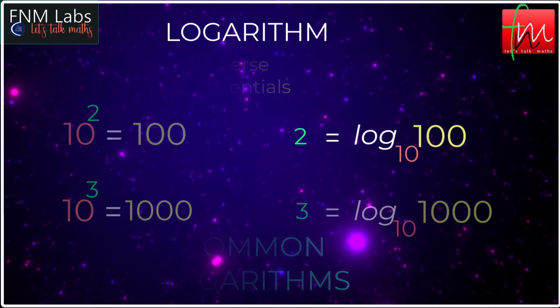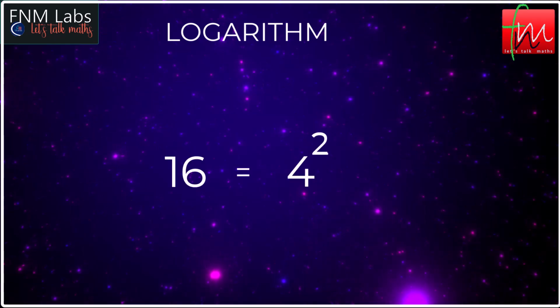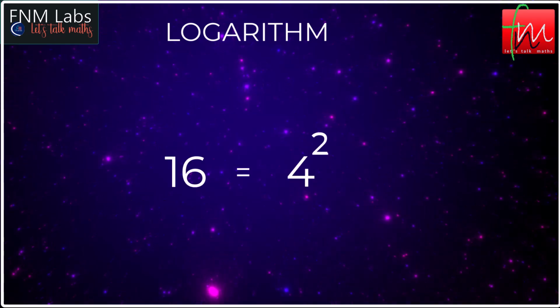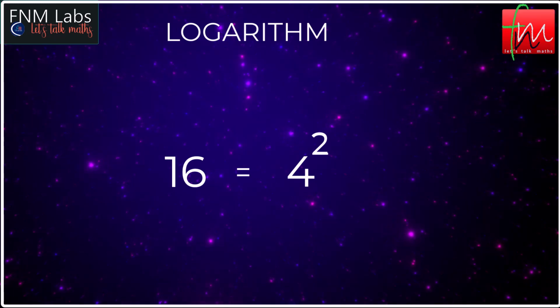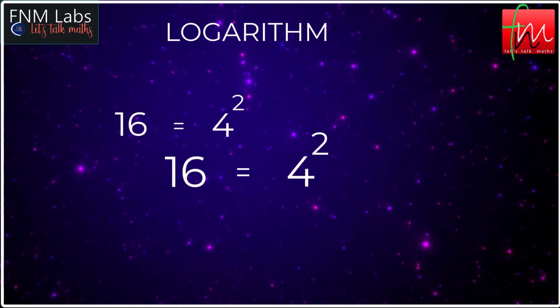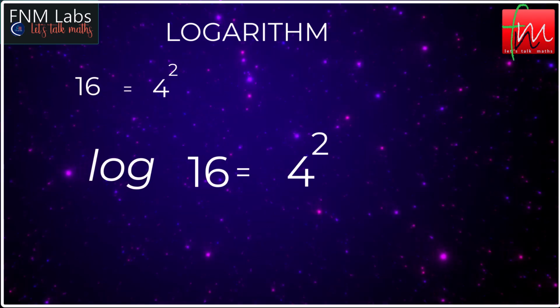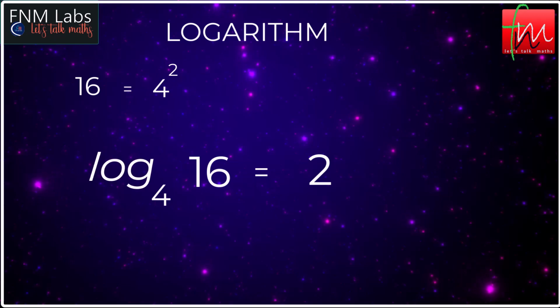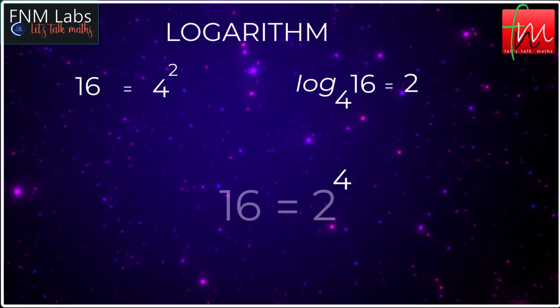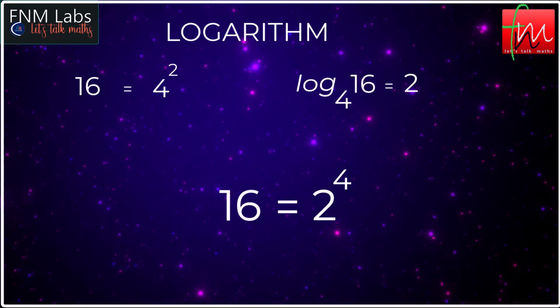In the same manner, 16 may be represented exponentially as 4 to the power 2. So in logarithmic terms, we say log 16 to the base 4 is 2. Note that the same number 16 may be expressed as the fourth power of 2.